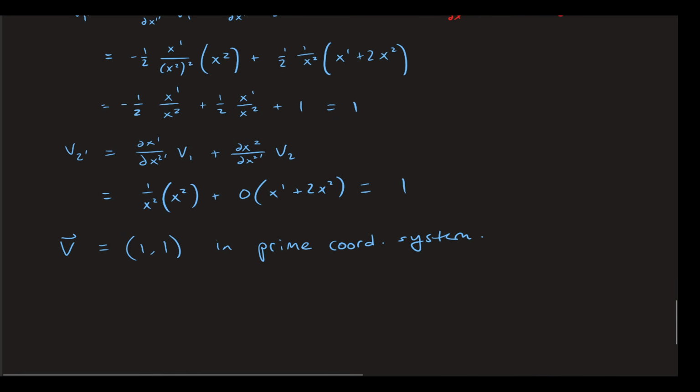So that would be v equals 1 times z1 prime plus 1 times z2 prime.